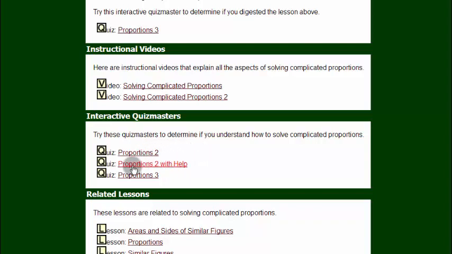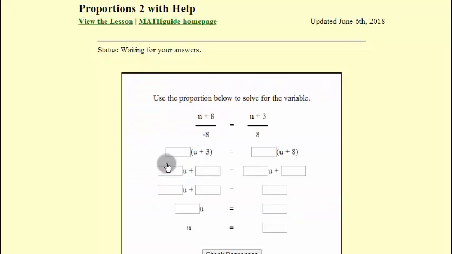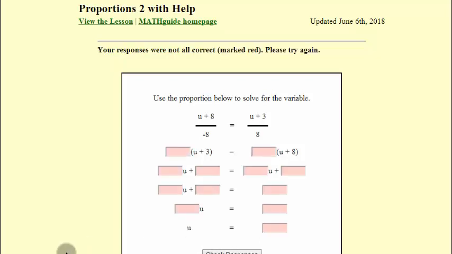If you click here where it says Proportions 2 with help, you'll see this particular quiz has a lot of opportunity for students to receive feedback. It's not just click on check responses and see an error. This says exactly where an error occurs. So when students cross multiply, they know that they should multiply the denominators times those numerators.